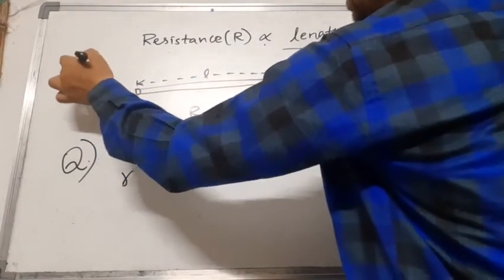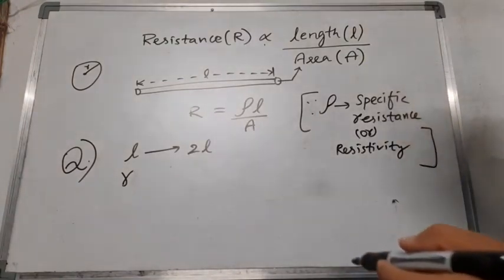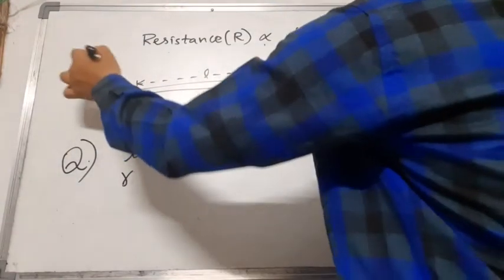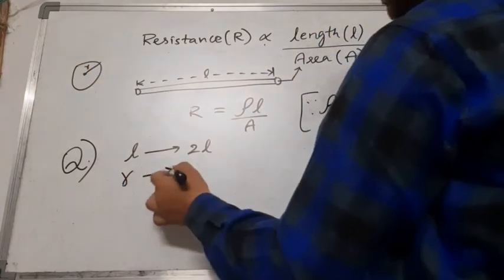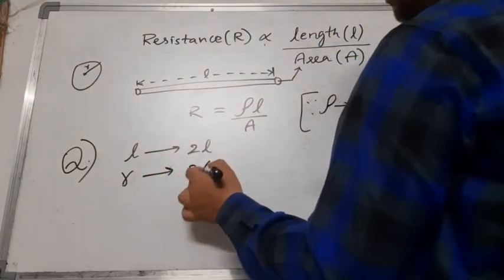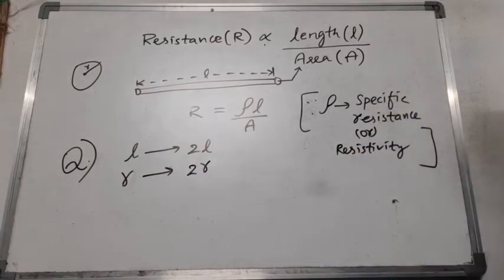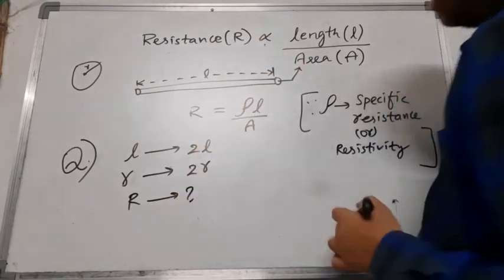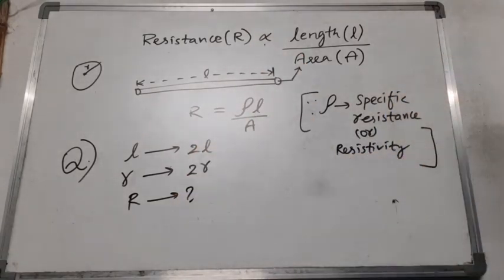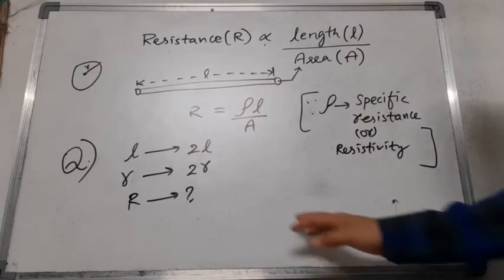So this is the radius of that area of cross section. So the radius of the cross section is also doubled. Then what happens to the resistance? Whether resistance increases or decreases, he is asking.